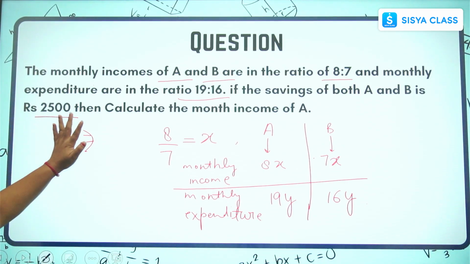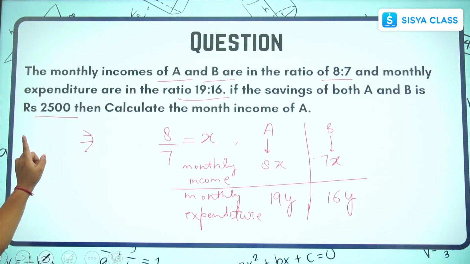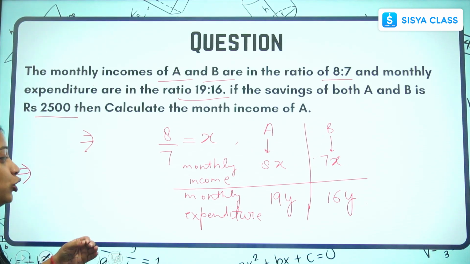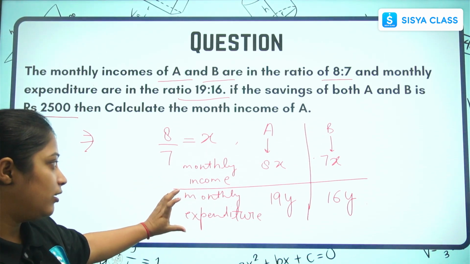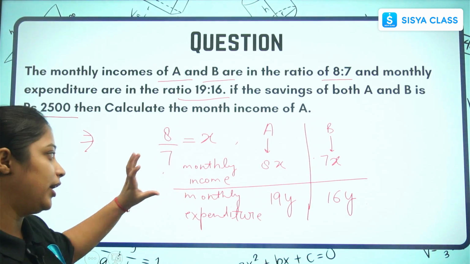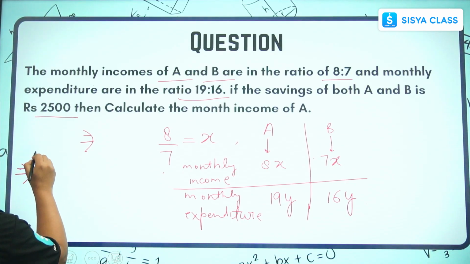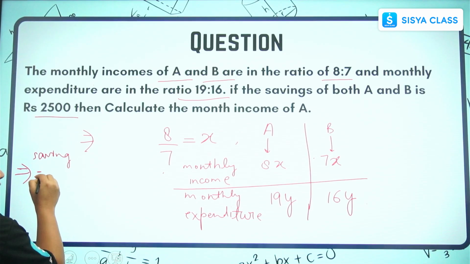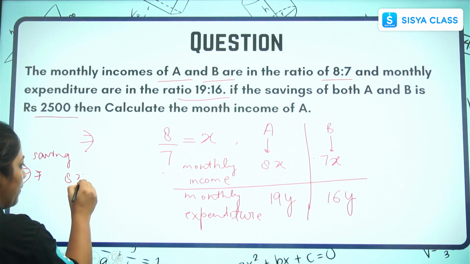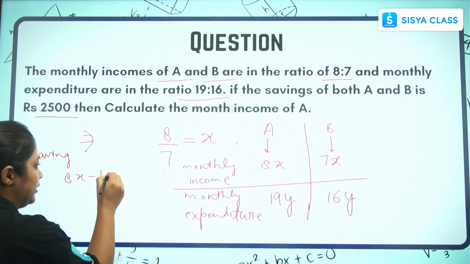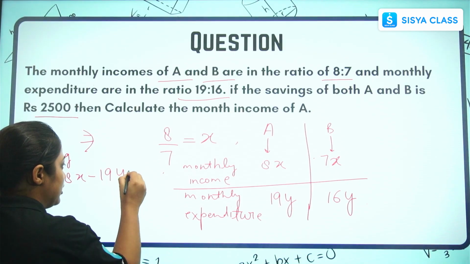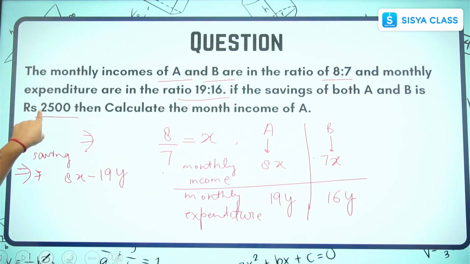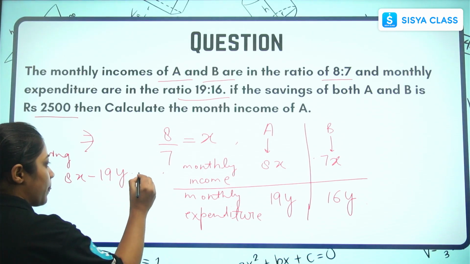Now the savings of both A and B is 2500. So how will you calculate the saving? You will subtract monthly expenditure from monthly income, right? So what is the saving of A? It is 8x minus 19y, the monthly saving of A. It is given in the question that it is 2500, right?